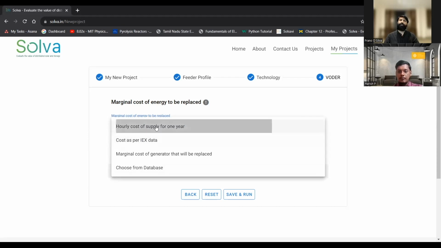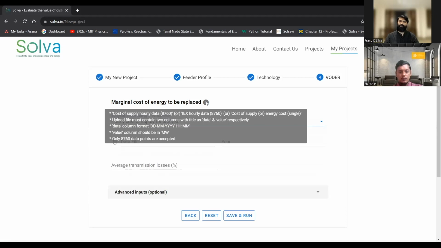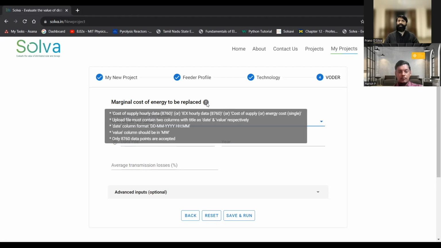Either we can upload 8760 data points, as mentioned earlier, with two columns, date and value. The date column having the date and time format, while the value being entered in megawatts. Or we can select cost as per IEX data, again with an 8760 data points CSV file having two columns, the date and value.